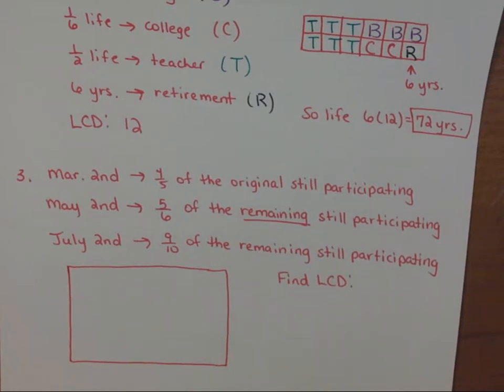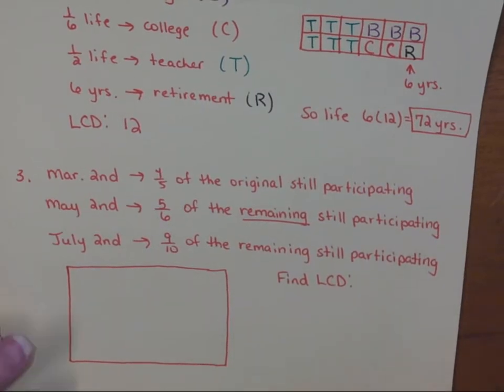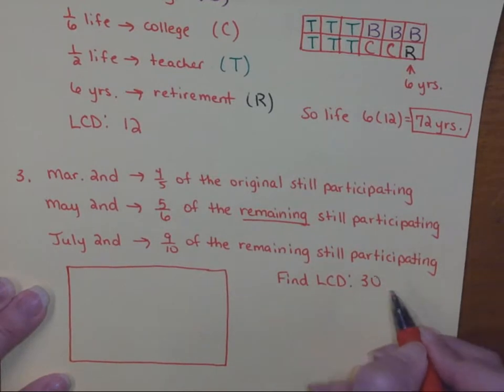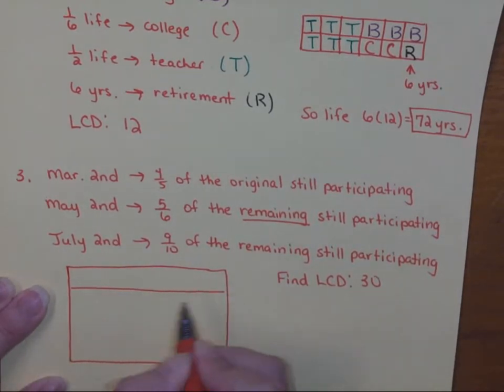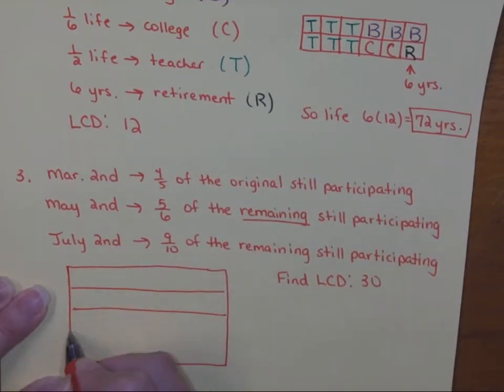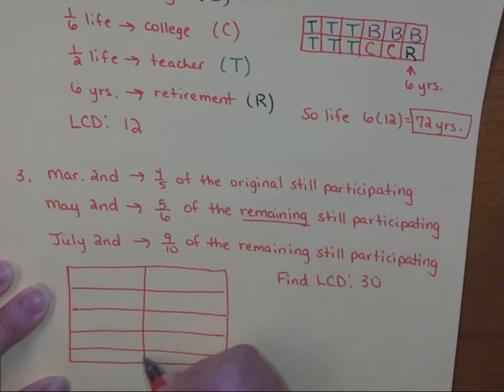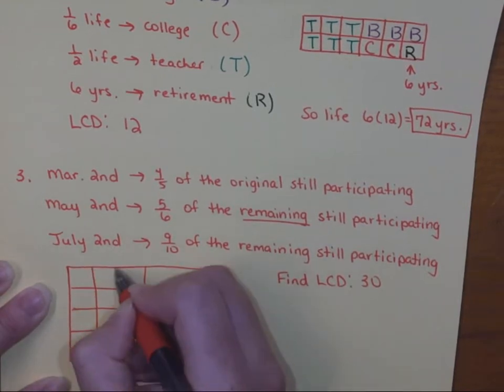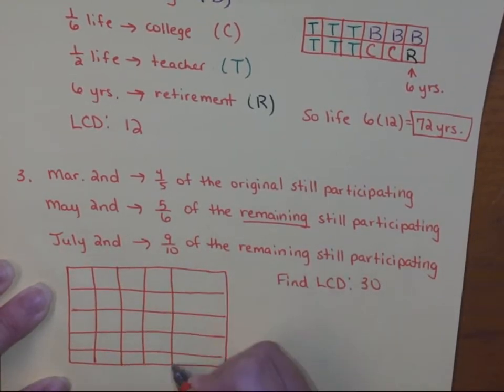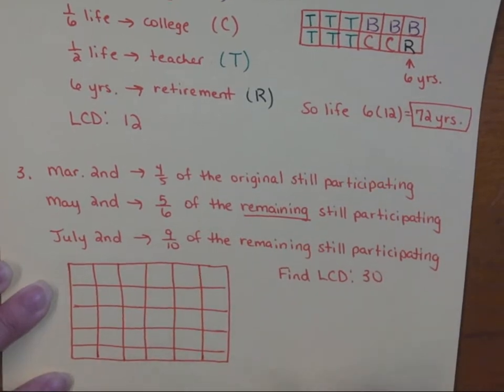The first number that all those numbers go into is 30. So I'm going to draw an area model with 30 squares. Let me be clear about what that doesn't mean. It doesn't mean that there were 30 participants. It just means that there are 30 groups of people I'm showing here.